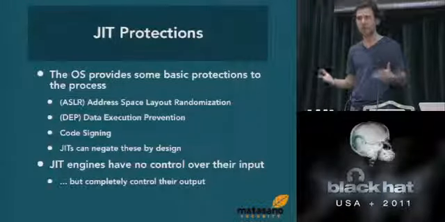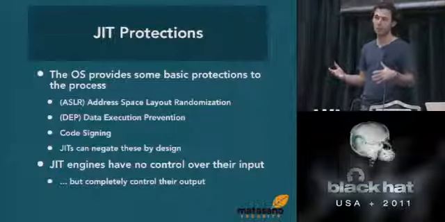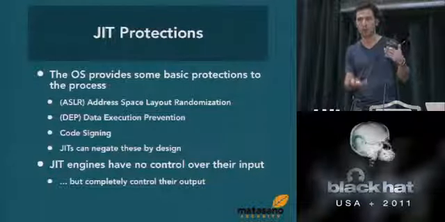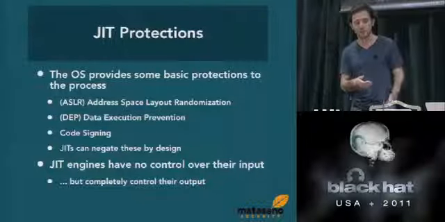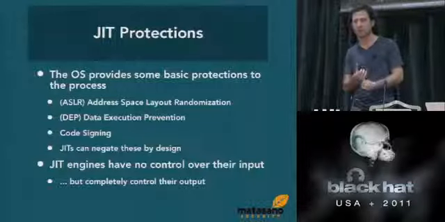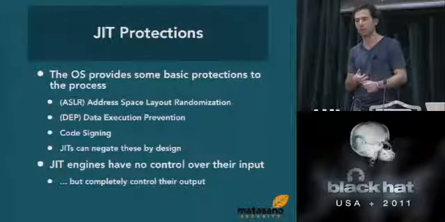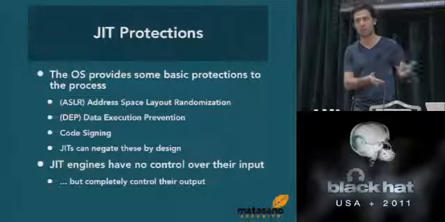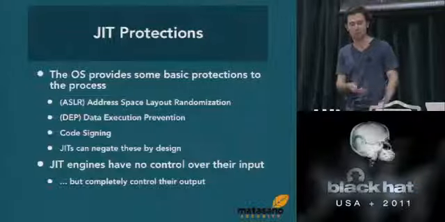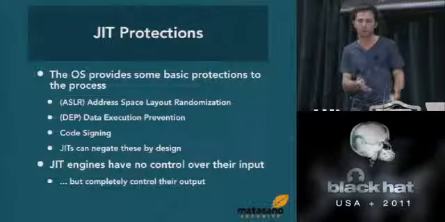JITs negate that by design, because you're always emitting native code, and you're not executing what was on disk earlier. So much so that the performance benefit of JIT engines in mobile Safari on iOS is causing Apple to remove code signing on mobile Safari. Because of the JIT presence in mobile Safari, code signing is being turned off for it.